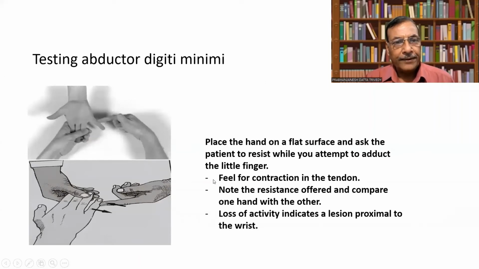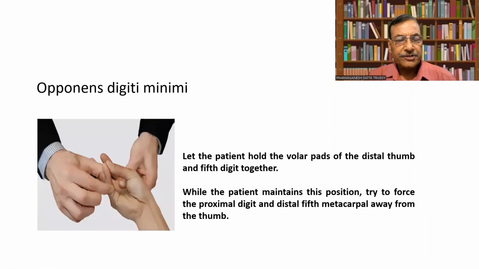Testing for the abductor digiti minimi, place the hand on the flat surface and ask the patient to resist while you as an examiner attempt to adduct the little finger. Opponens digiti minimi, which again is a part of the hypothenar muscle.